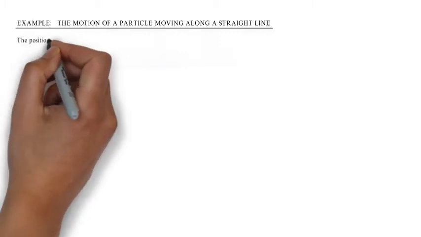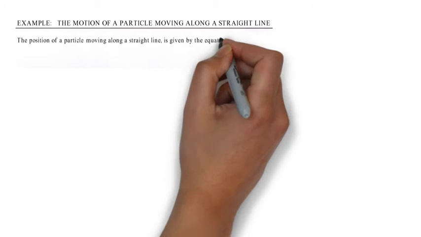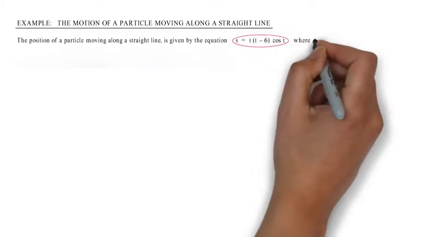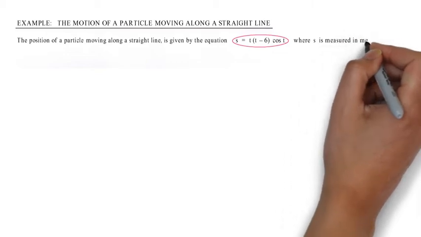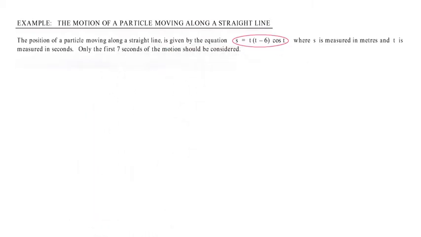The position of a particle moving along a straight line is given by the equation s = t(t - 6)cos t, where s is measured in meters and t is measured in seconds. Only the first 7 seconds of the motion should be considered.